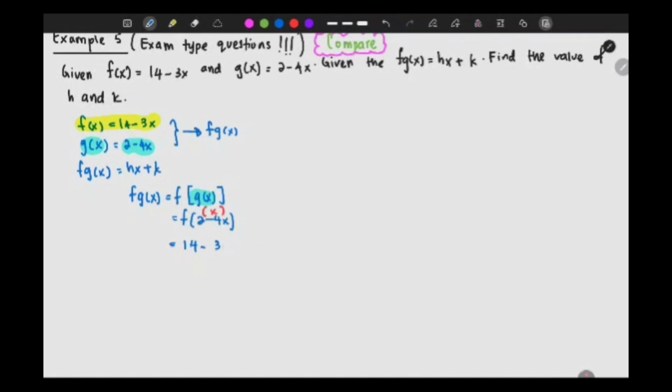And then expand them. 3 times 2, 6. Negative 3 times negative 4, positive 12x. It's just your simple math, yeah. If you're not sure with the answer, you can press the calculator. And 14 minus 6, you'll get 8. So 8 plus 12x. This is the fgx that you find.